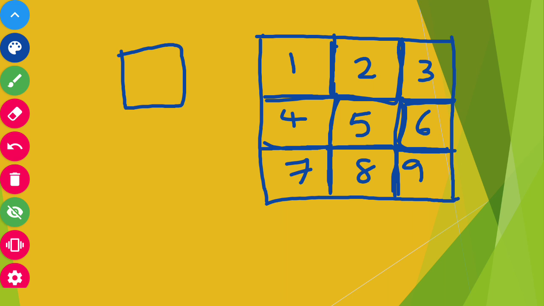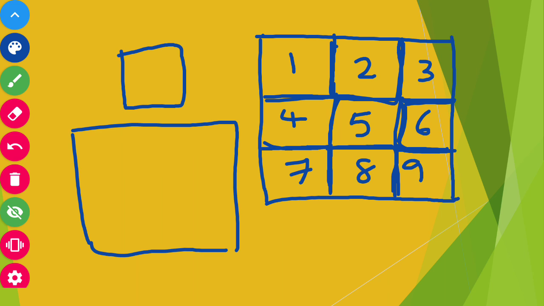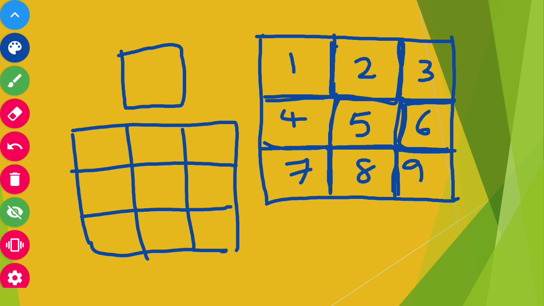To measure the area of the photo frame, I used 9 squares. By using 9 squares I can find the exact area of the photo frame. So here a square is the best unit for measuring area.